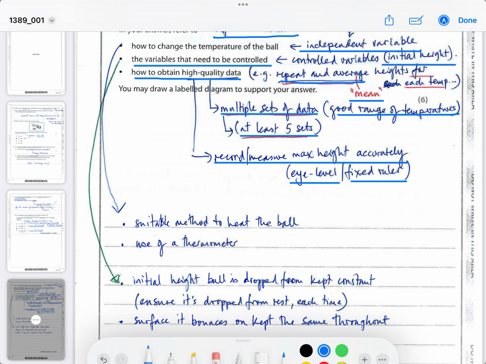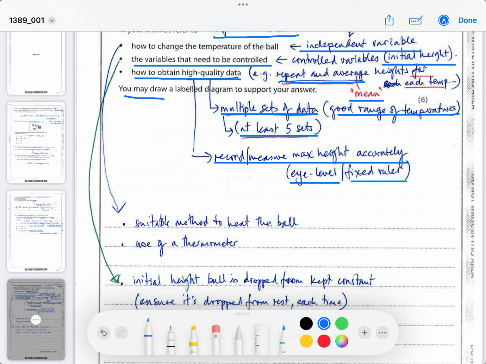And here it says that you may draw a labelled diagram. The labelled diagram would help you with your wording. So you always say, set up the apparatus as shown in my diagram, to start your method. For example, how are you going to heat the ball? Are you going to use a thermometer?